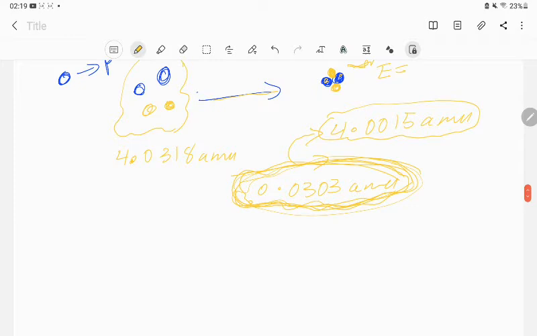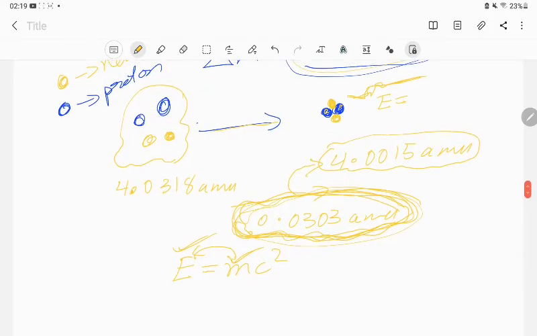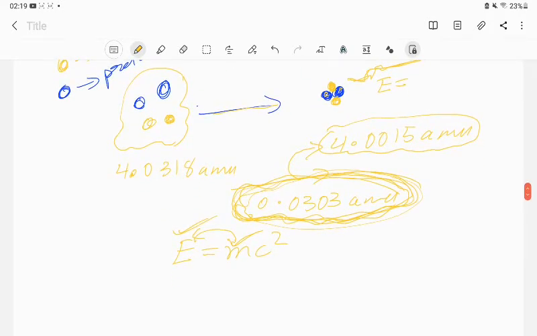And we know from the Einstein energy relation, E equals mc square, that energy can be converted into mass, or mass can be converted into energy. Here in this case, mass is converted into energy. So how much energy? This mass, called mass defect, is converted.